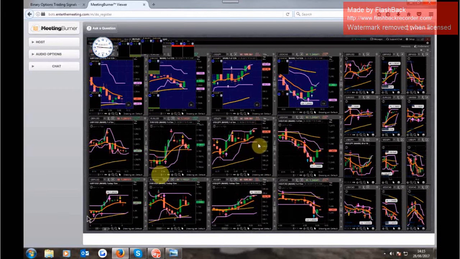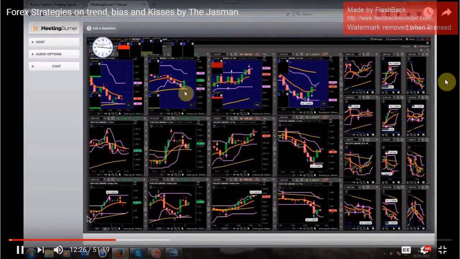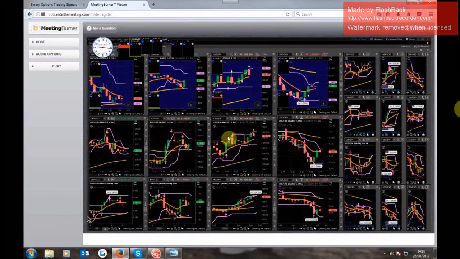So we have a 4-1 to the upside for the GU ATM scores, and we have a 5-0 if you're counting the orange line right here pointing to the upside. So we're looking for ups on the GU.